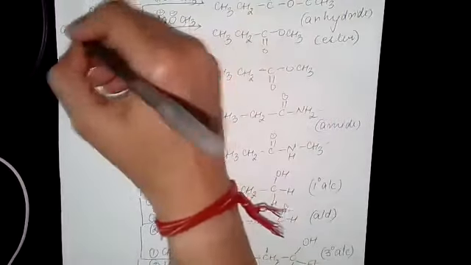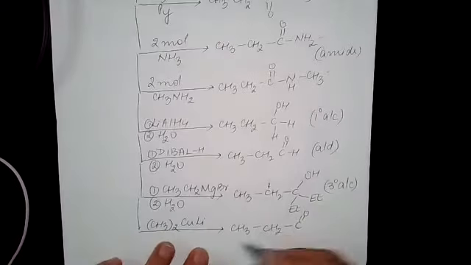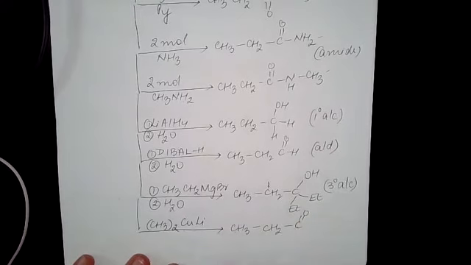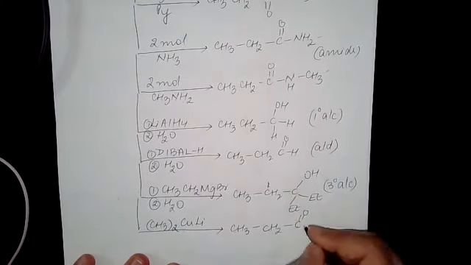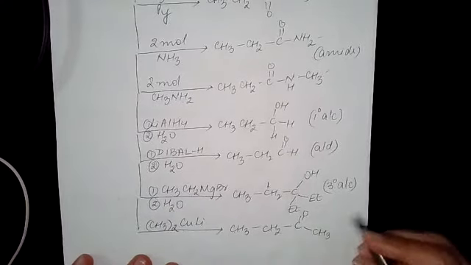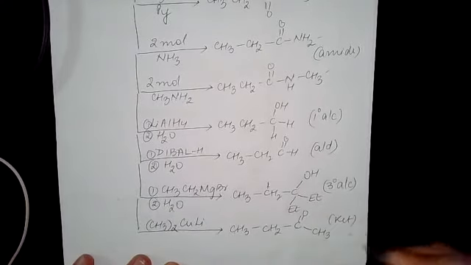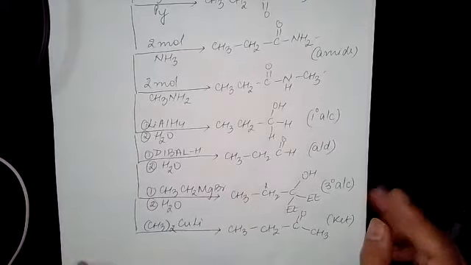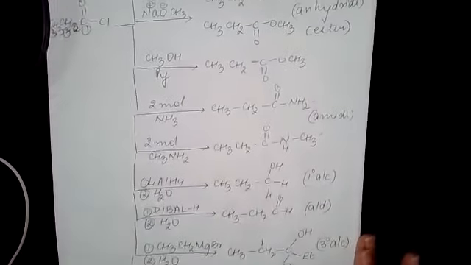So we already have these 1, 2, 3 from your starting material, and then 1 CH3 from your reagent. What is this functional group? A ketone. And hence, you can see how versatile these acyl halides are.